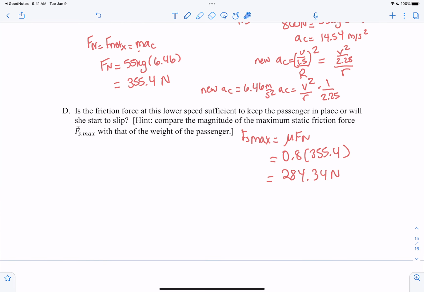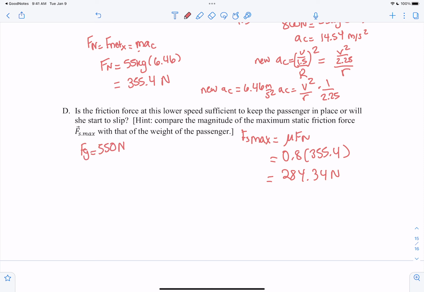So it's basically asking you, okay, does this maximum static friction force allow the passenger to stay in place, or will she start to slip? Because the weight of the passenger is Fg, and that's equal to 550 newtons.